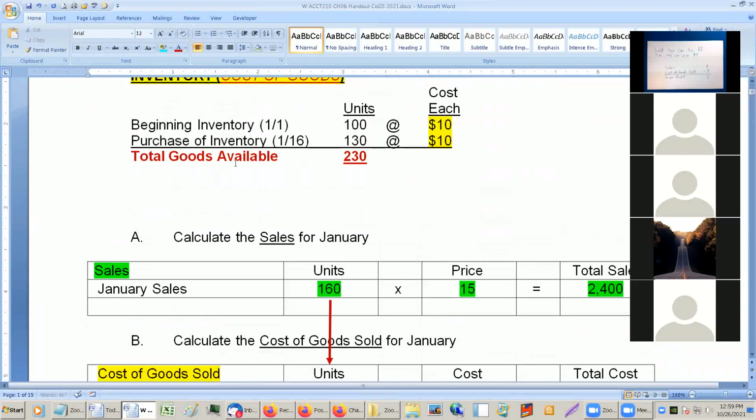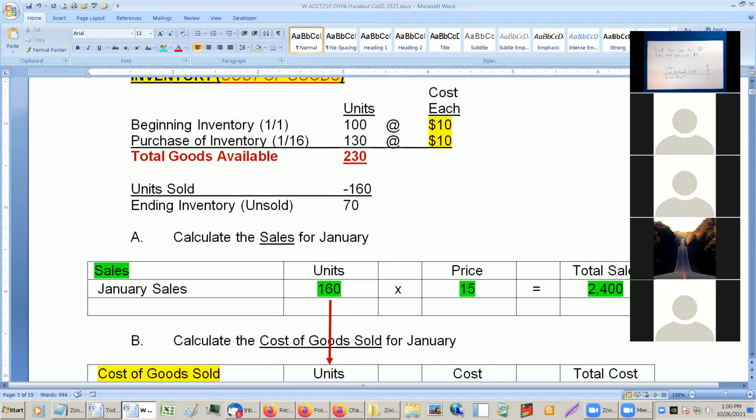So we sold 160 units. 230 minus 160 is 70, I think.